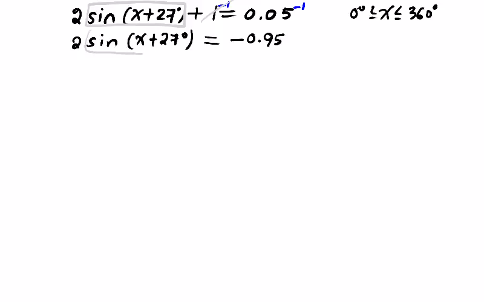Then we still don't have the trig term isolated, so now we have to divide both sides by 2. If we divide both sides by 2, then the trigonometric term sine of (x plus 27 degrees) will be isolated.